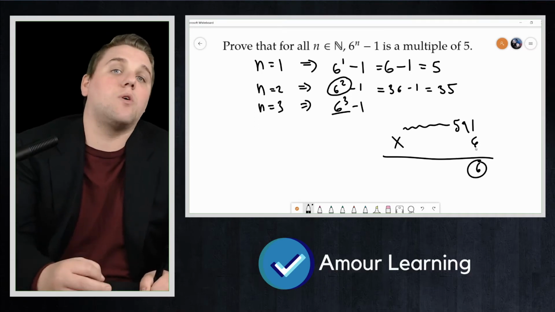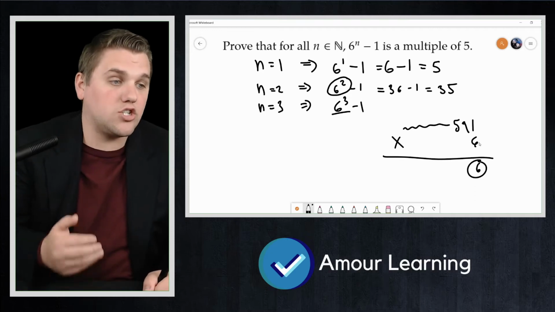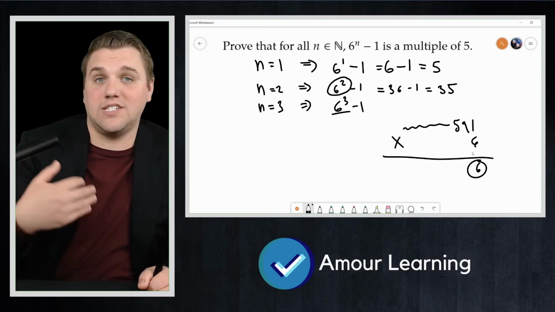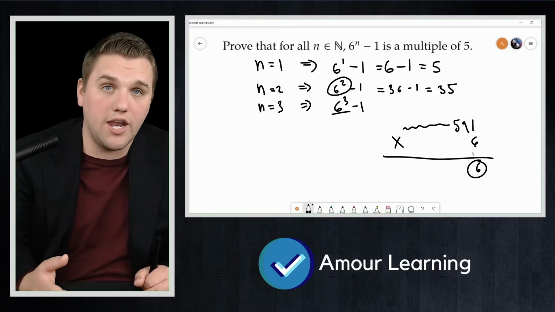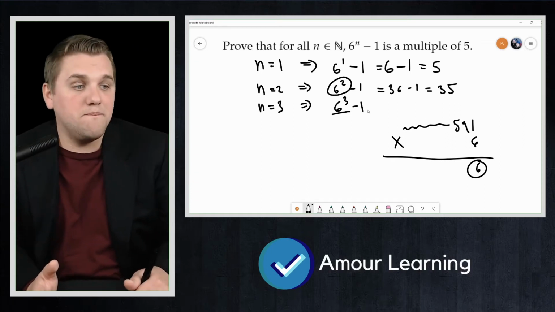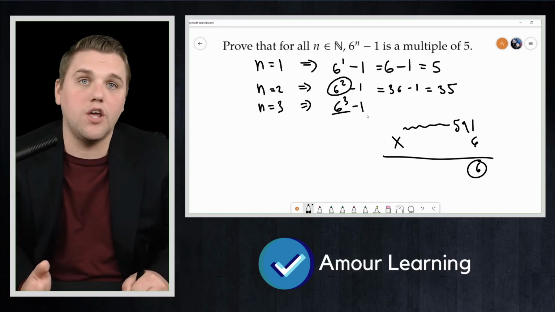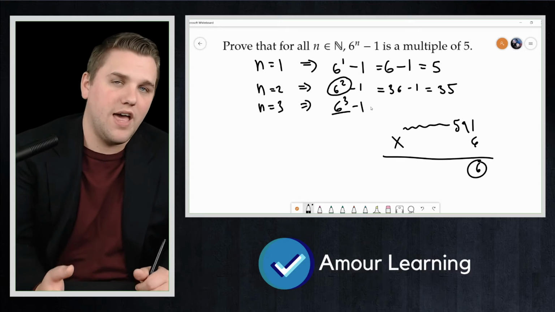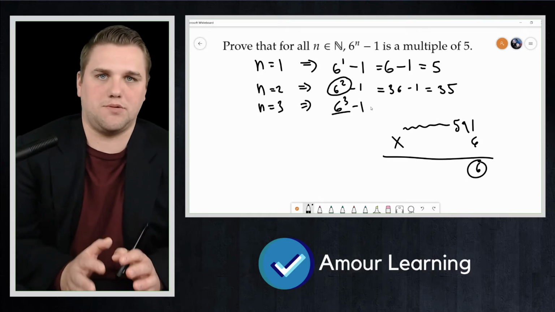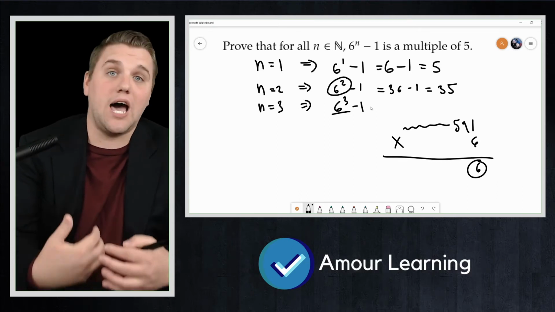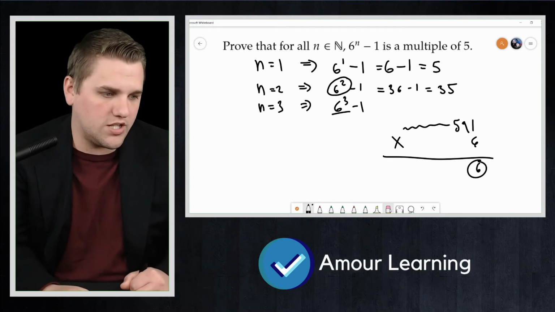So all powers of 6 are going to have either a 6 or a 1 in the ones digit, meaning that if you subtract 1, you get a multiple of 5. That's the essence of this proof, and now we're actually going to apply induction to show what this looks like.